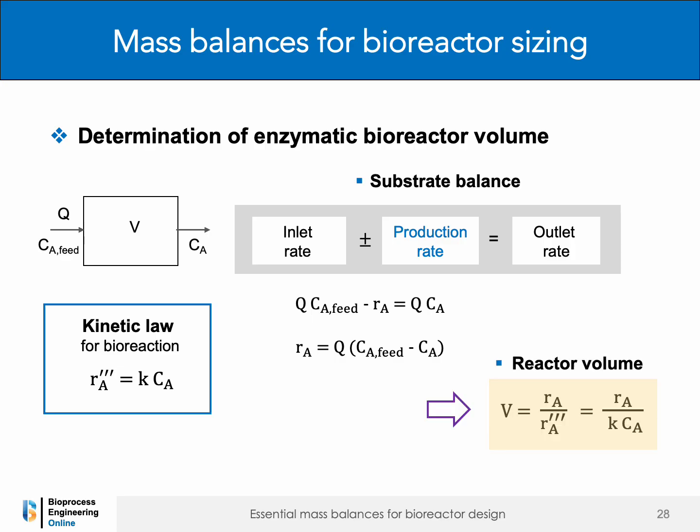For a given kinetic constant K, the required reactor volume is then obtained by V equals RA over RA''', equals RA divided by K CA. Thus, the reactor volume necessary to achieve the desired substrate conversion can be directly determined from the instantaneous mass balance and the bioconversion kinetic law.